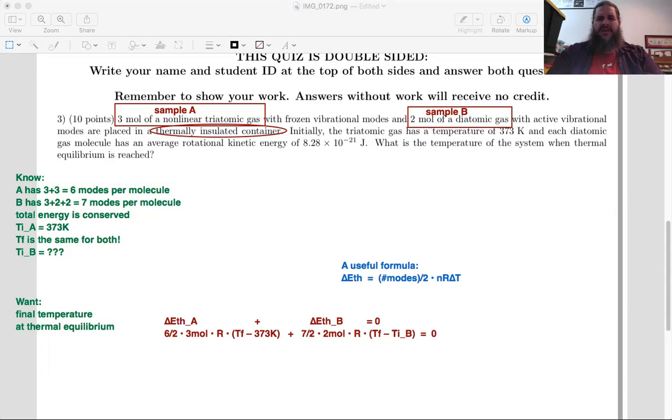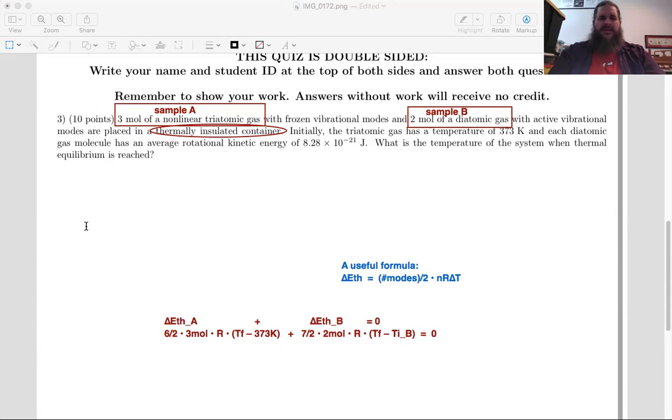Does this problem tell us anything about the initial situation of sample B? Yeah, it doesn't directly tell us the temperature, but it tells us the average rotational kinetic energy of a diatomic gas molecule. So we could use that. We could use the fact that one molecule of B has rotational kinetic energy 8.28 times 10 to the negative 21 joules.